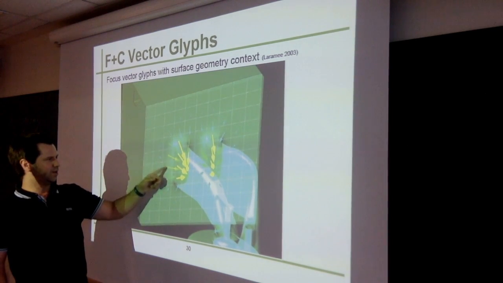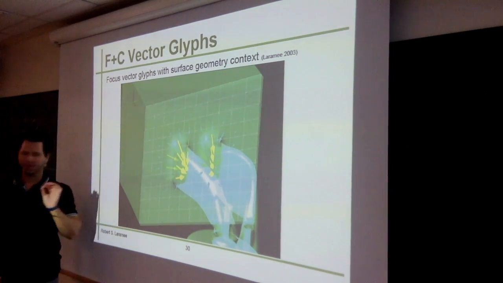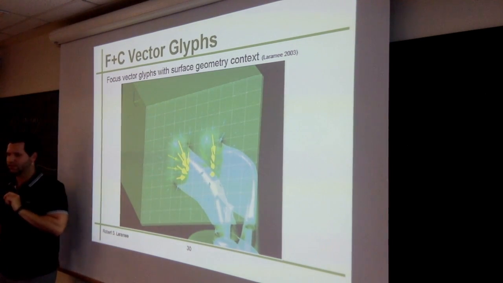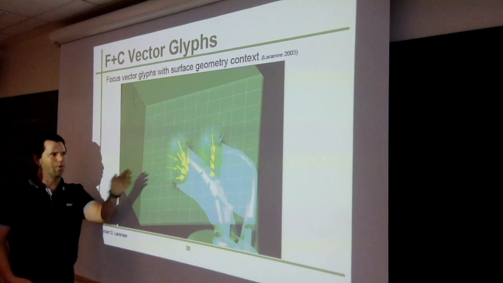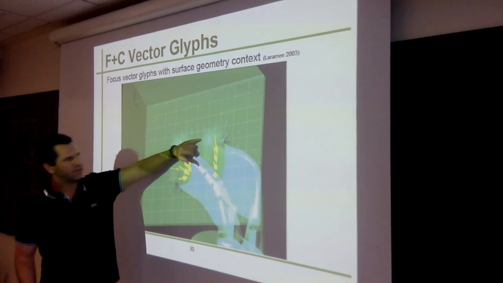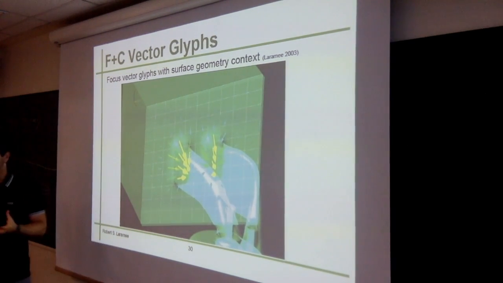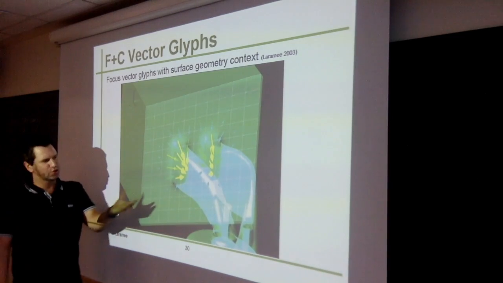And they've plotted an arrow glyph at the center of each grid point, right? And that's the focus. The focus is the flow at these grid points, and the context is the geometry.